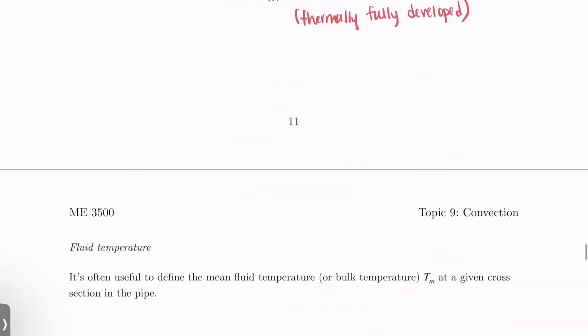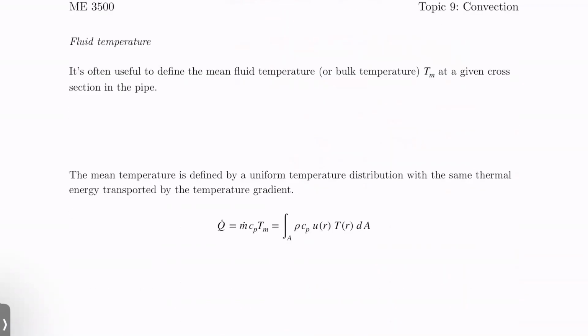Okie dokie. All right, so it's often useful to define a mean fluid temperature, or sometimes called a bulk temperature. That's going to be called T subscript M at a given cross section in the pipe. So the way we would define this temperature is the following.